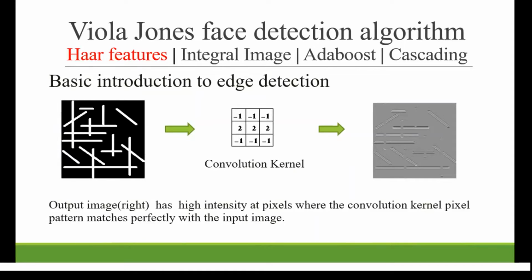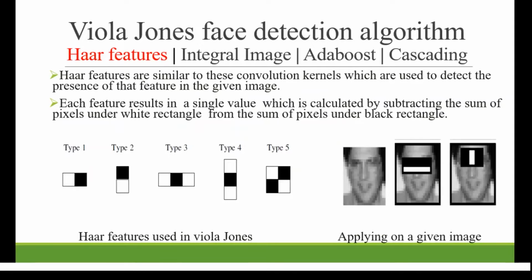Similarly, if the convolutional kernel is -1, 2, -1 in each row, the edges will be a bit that way. So depending on different values of convolutional kernels, we get different features. So these will mainly be used in Haar features.